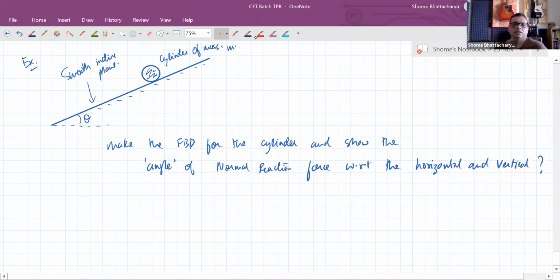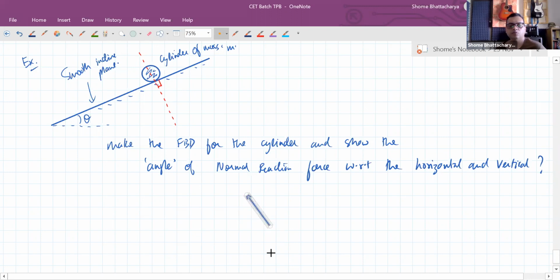So we'll understand here that the normal reaction will act along this sort of axis because it has to act normal to the inclined plane. It has to act along this kind of line. Okay. So when we make the free body diagram, remember we will represent the body by just a particle or a point mass. But on that there will be two forces acting.